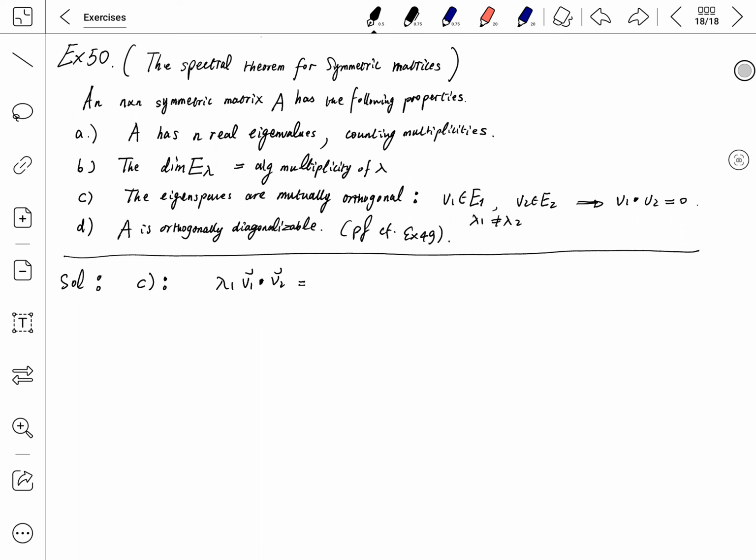The dot product could be computed by matrix multiplication. When there is no confusion, let's remove this arrow. We know this is talking about the vector. So the transpose commutes with scalar multiple.